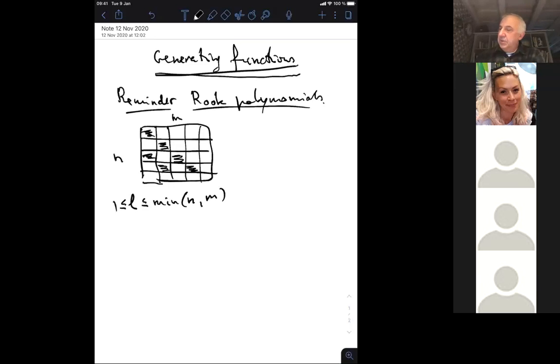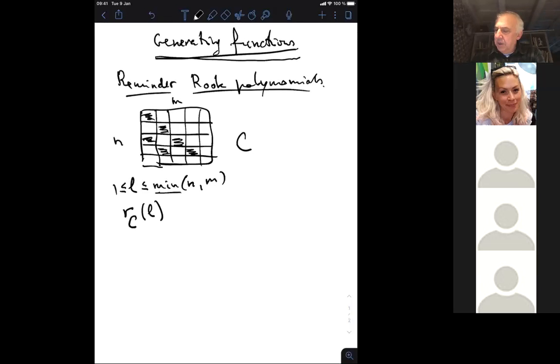So if we denote our chessboard by capital C, we get the number R with index C and L, where L is the number of rooks we're using. So we'll have R1 of C, R2 of C, R3 of C, and so on, up to the maximal number, which is the minimum of n and m. And we arrange them in a polynomial. R_C of 0 is by definition equal to 1, because this is a very convenient choice.